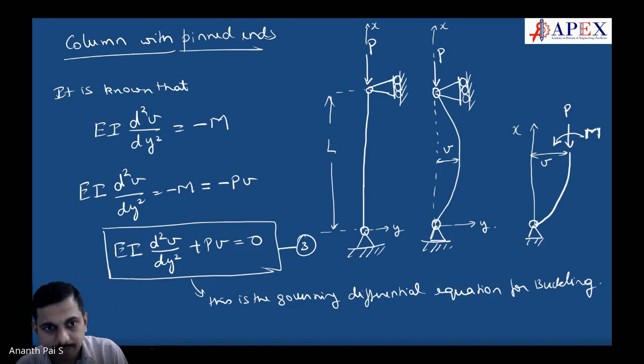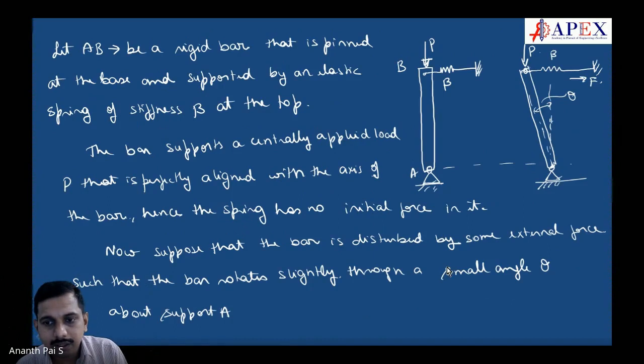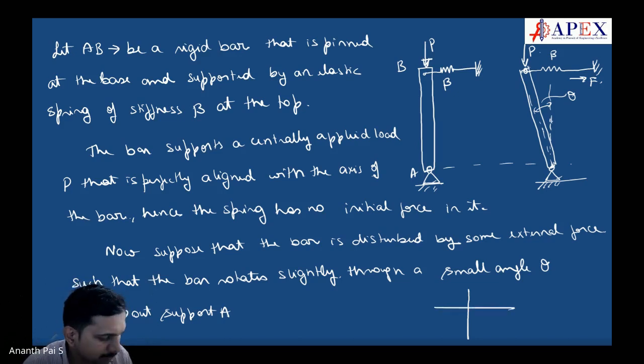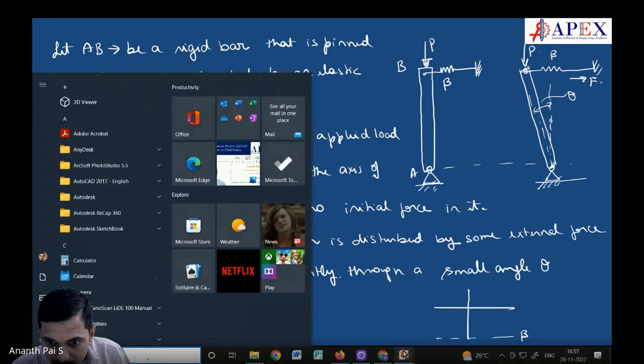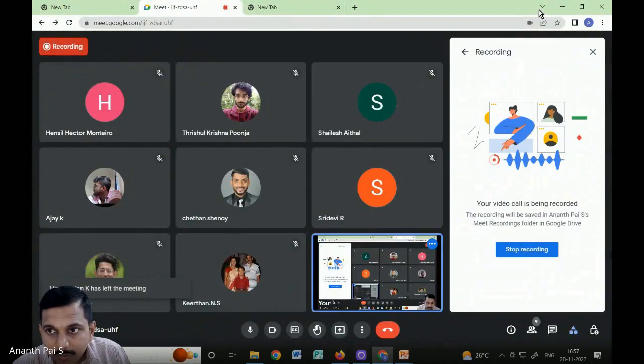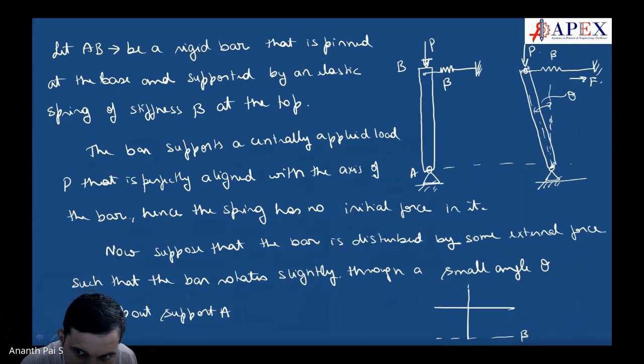See here, previously I missed one thing. In the previous one, I can write a bifurcation diagram, something like this, where this side was beta and this side was P. Now, if beta is much higher, you can call this particular region unstable equilibrium.